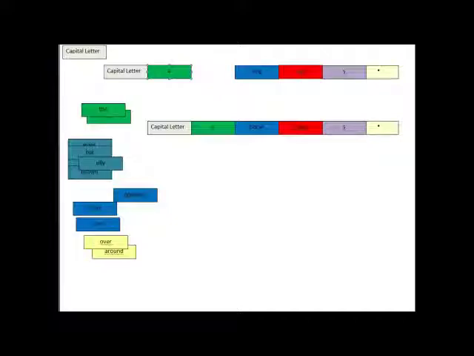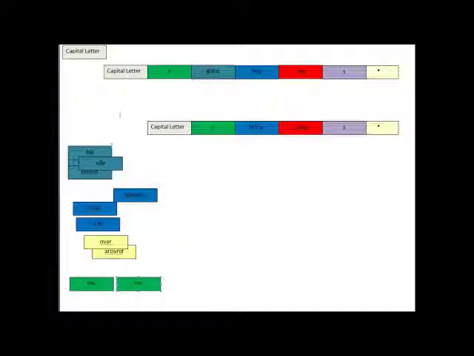I'm going to have a giant frog hops. I'm moving my articles down here for the time being. A giant frog hops.